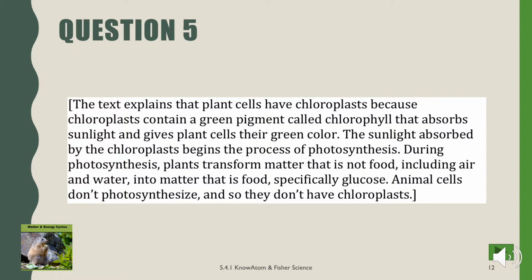During photosynthesis, plants transform matter that is not food, including air and water, into matter that is food, specifically glucose. Animal cells don't photosynthesize, so they don't have chloroplasts, because animals need to consume other plants or animals to get their energy.